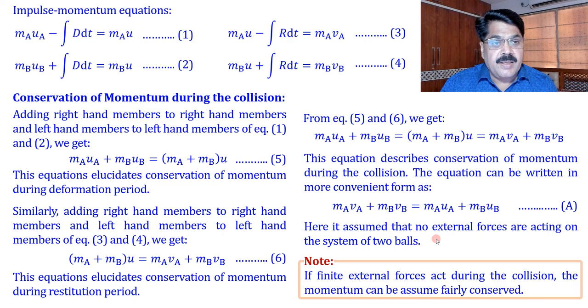So what I am adding here is that even if there are finite external forces acting on the system during collision, the interaction forces acquire infinitely large magnitude. So as compared to the impulse of the deforming forces, the impulse of these external forces is negligible, so total momentum can be assumed fairly conserved in the presence of external finite forces.